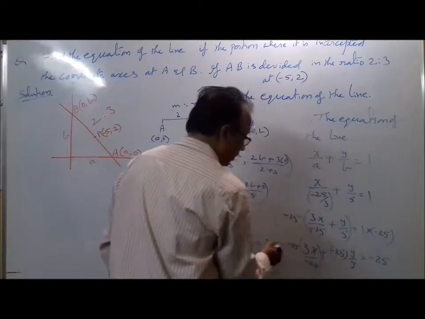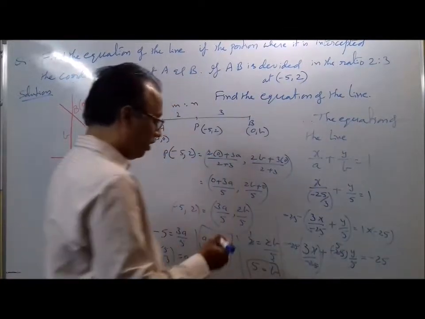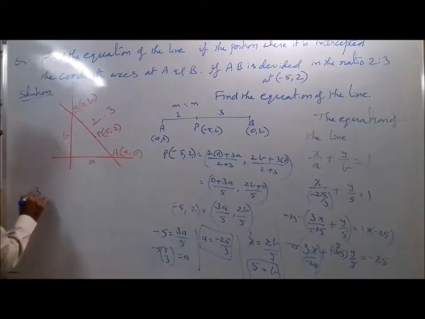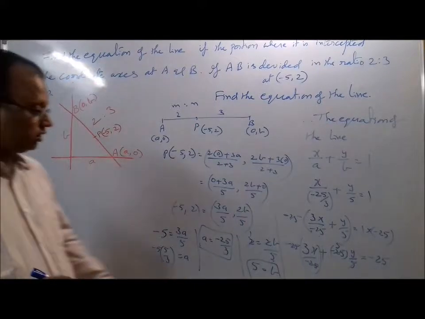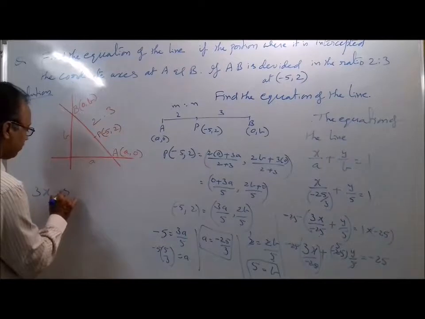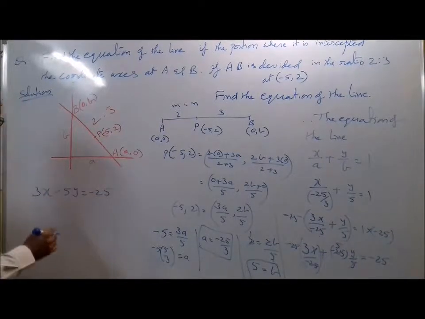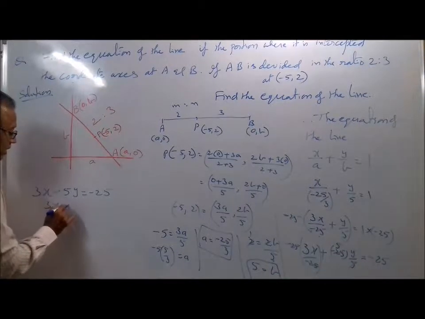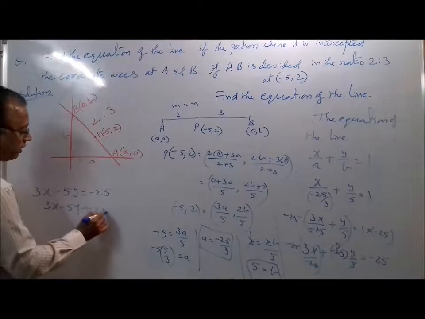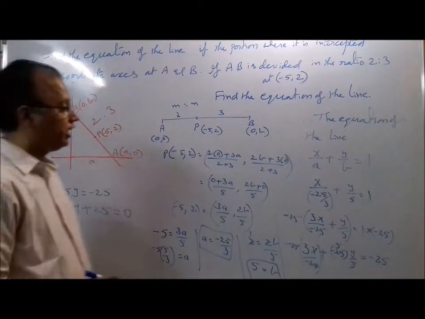Here 5 times, what are we getting? 3x, here minus 5 into y. Minus 5y is equal to minus 25. That is, 3x minus 5y is equal, take this side, plus 25. That is the equation of the line.